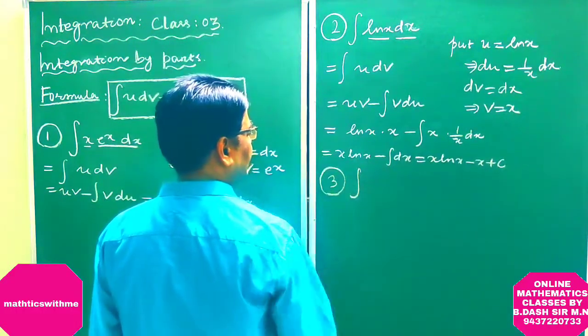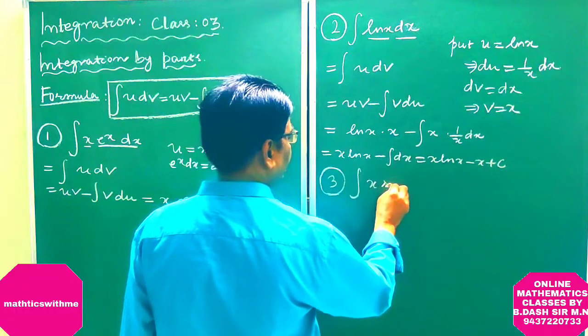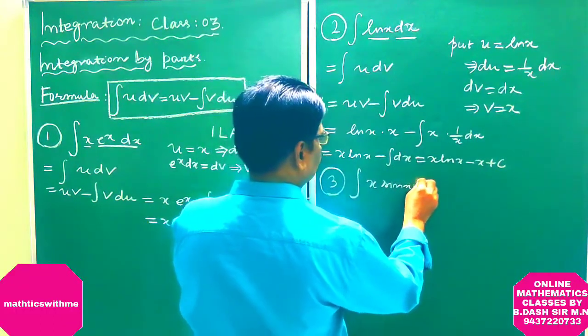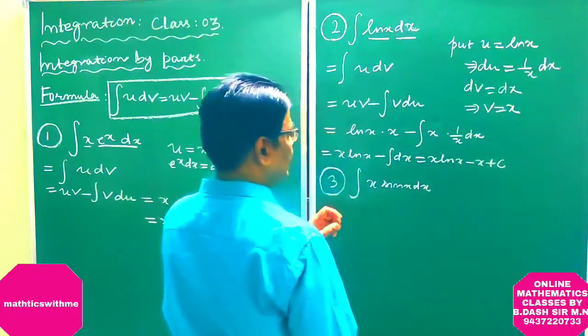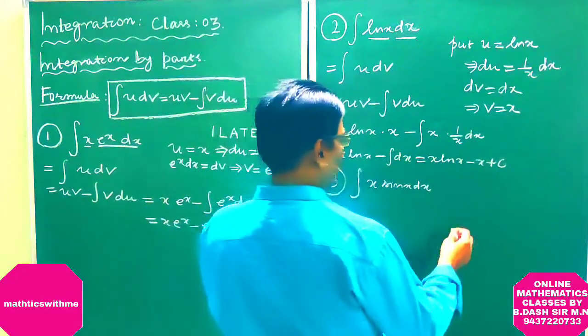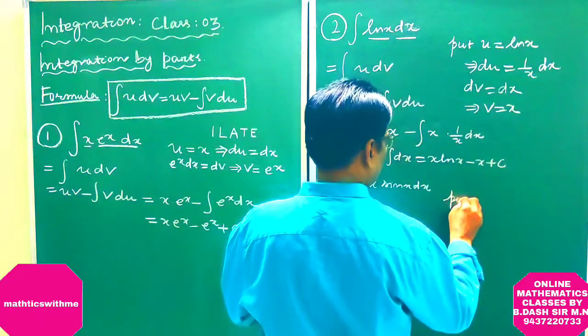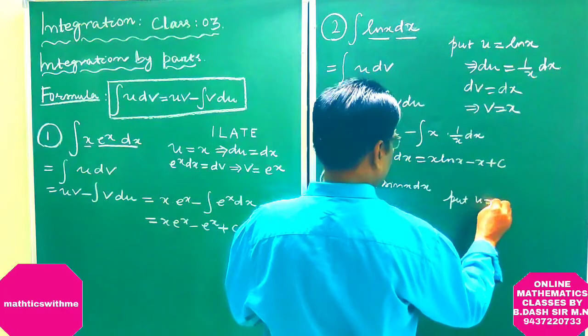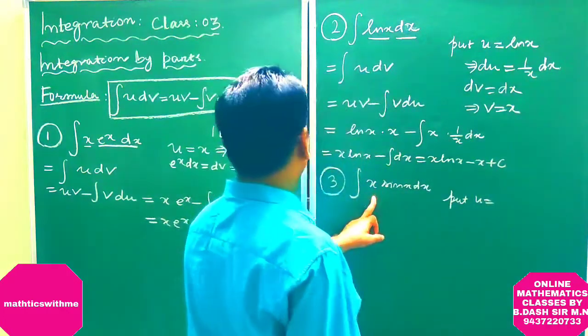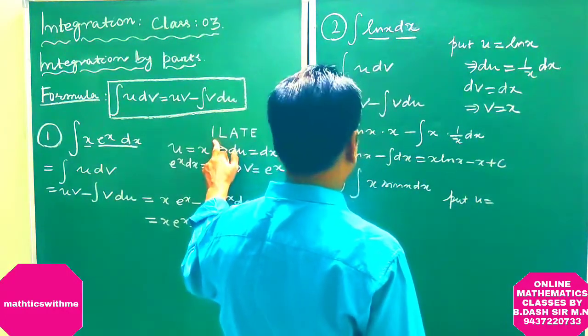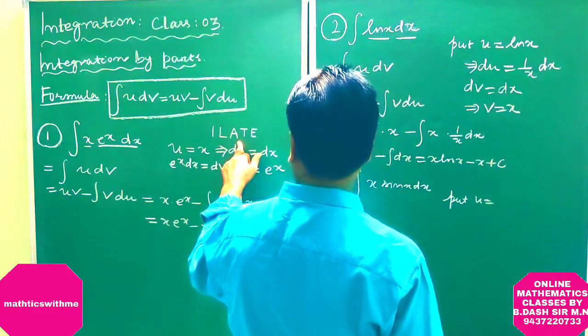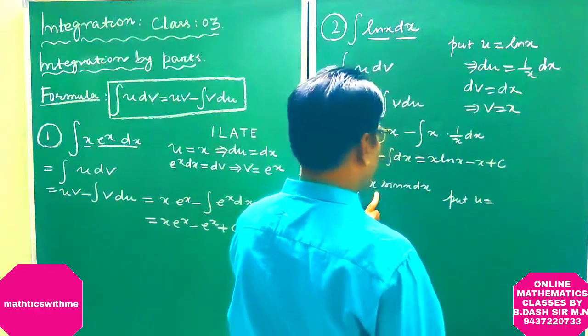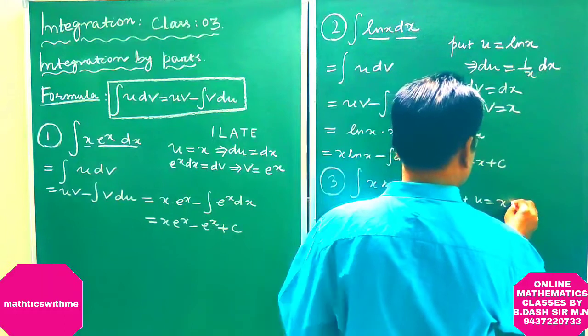Evaluate integration x sin x dx. So in order to evaluate this integral, put u is equal to x, since there is no inverse function, no logarithm function, and the algebraic function is x.